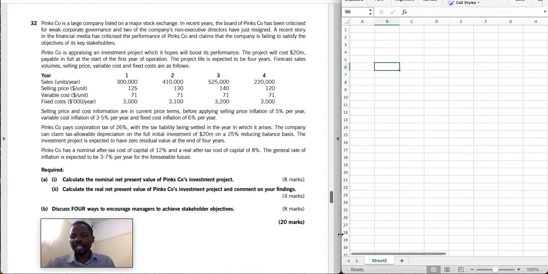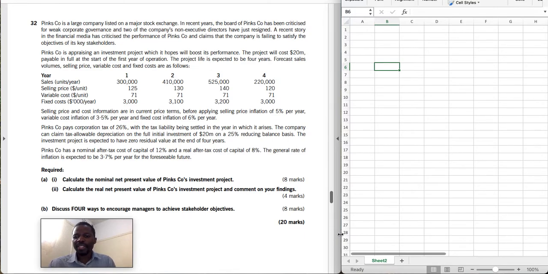Sales units per year, sales price, dollars per unit, variable cost, dollars per unit, fixed cost in $1,000 per year. Selling price and cost information are in current price terms before applying selling price inflation of 5% per year, variable cost inflation of 3.5% per year, and fixed cost inflation of 6% per year.